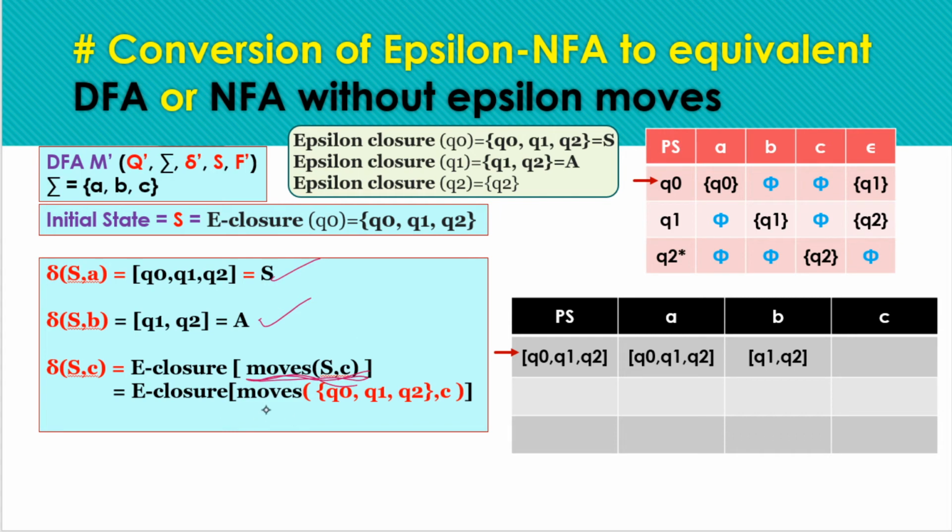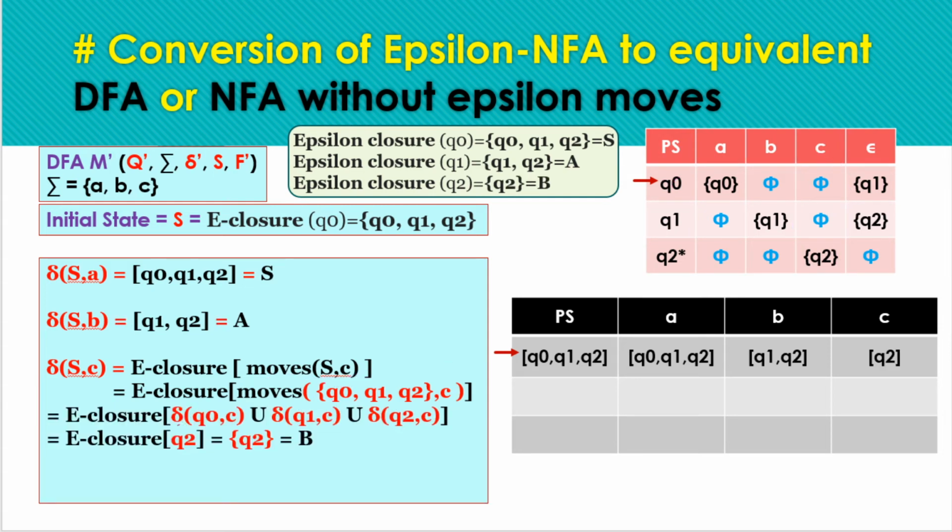Repeating the same step, we have to find the union of this, this and this for input symbol C from all the states, right? After performing this union, from Q0, Q1 and Q2 for input symbol C, we are getting Q2 only.